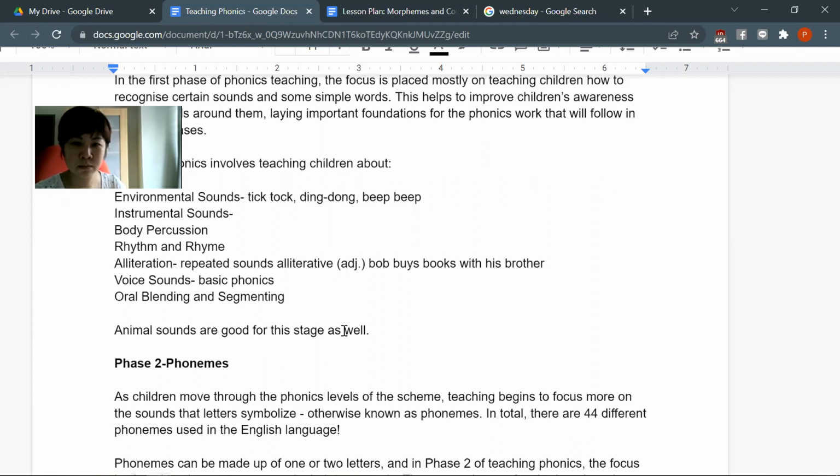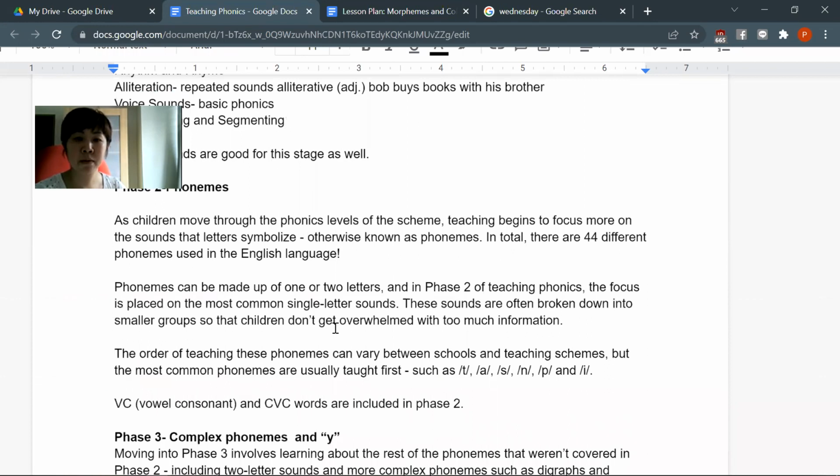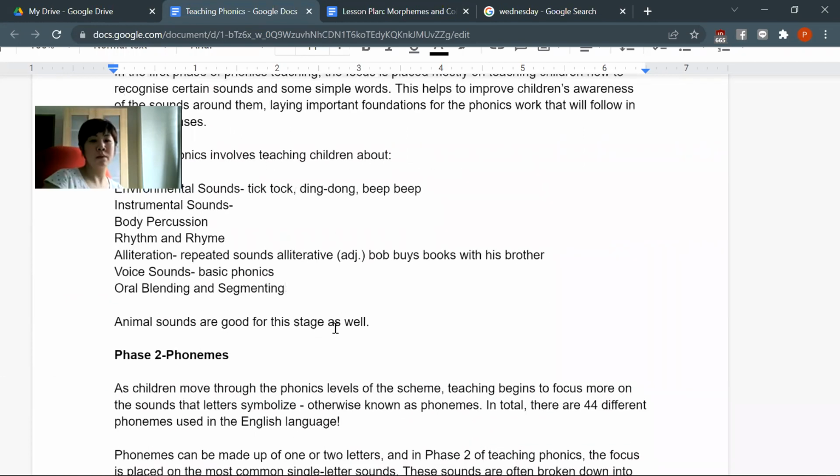For example, good, you can break down into g, oo, d, right? That might be even too hard at this stage, depending on the type of students that you're teaching, but super easy. We're not yet reading, we're just doing sounds. I guess that's the most important thing. Animal sounds I mentioned are good for this stage.